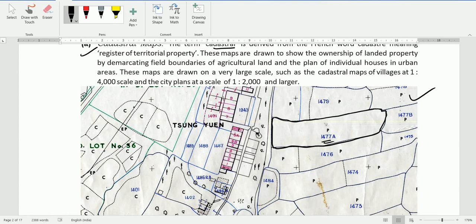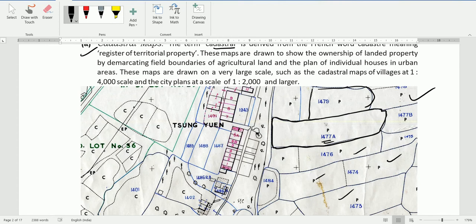Those of you staying in the plain areas may know about it. Each individual has a pata number, a registration number. And this is the boundary of another person. So these are the boundaries of different people.